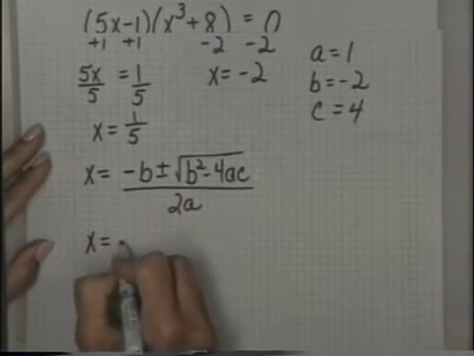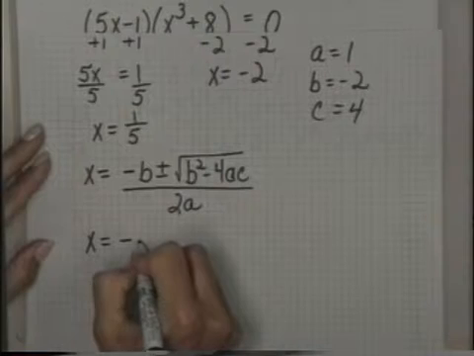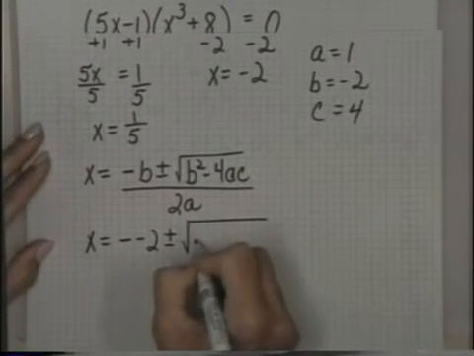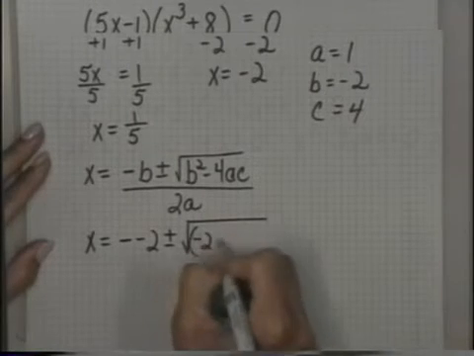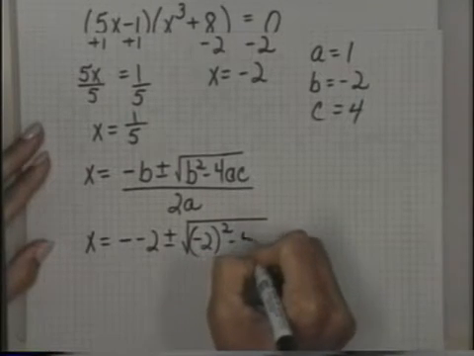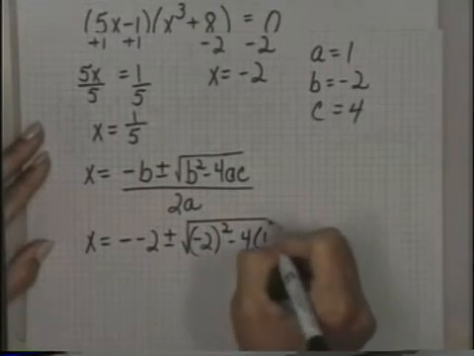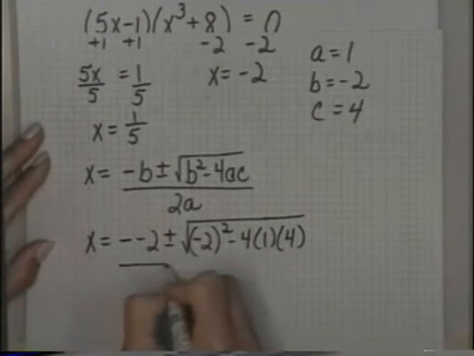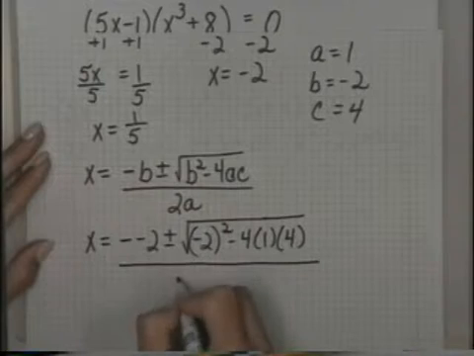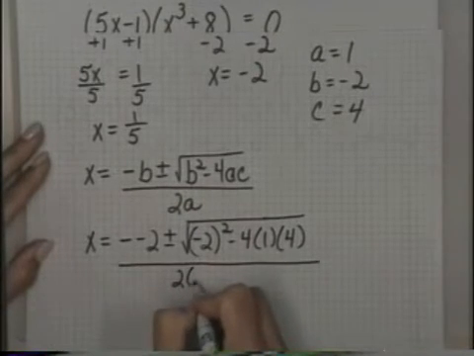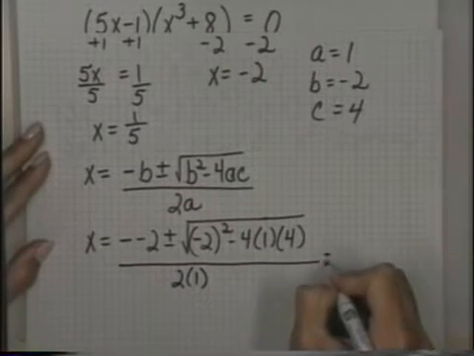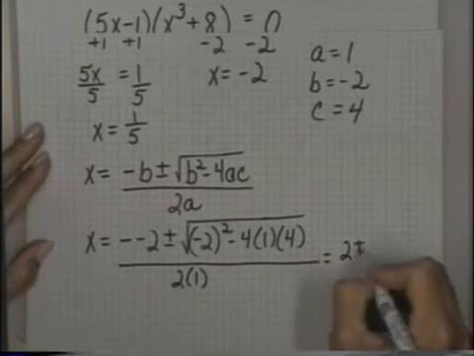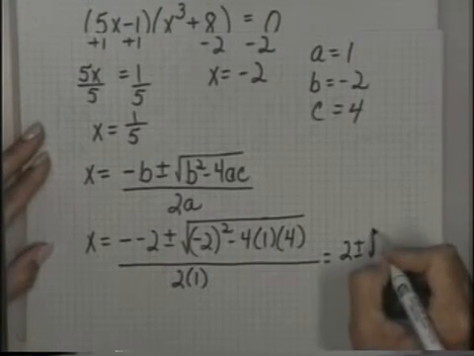So we would have minus b, that would be minus, our b is a negative 2, plus or minus the square root of our b squared, minus 4 times a, which is 1, times c, which is 4, divided by 2 times a, which is 1. Of course, minus a minus would give us a positive 2, plus or minus.